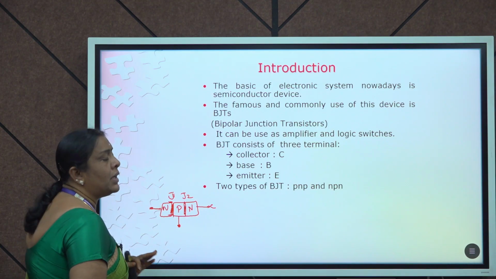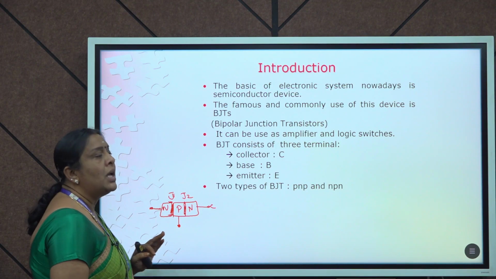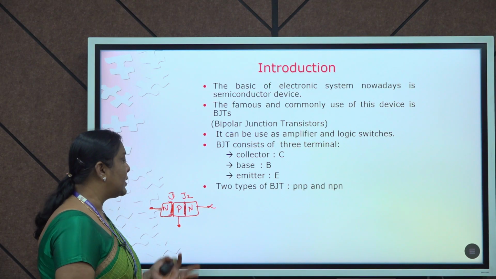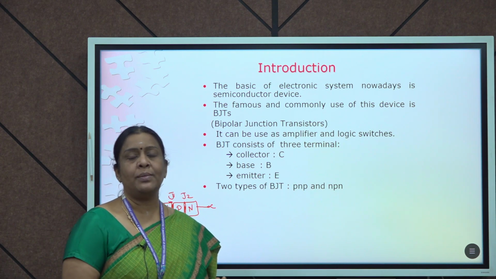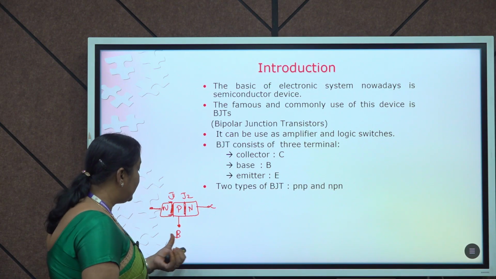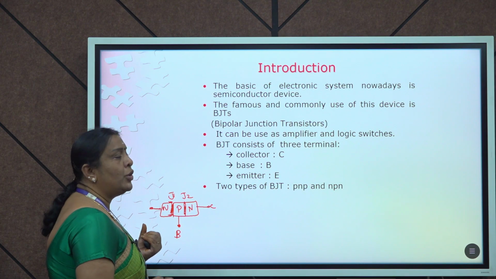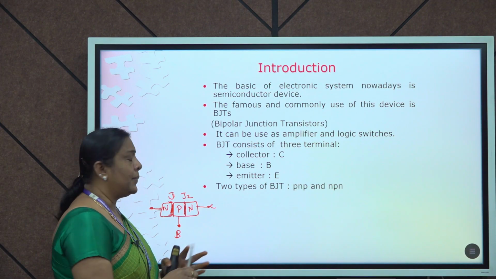First we can see what is meant by emitter. The emitter emits the majority carriers, and the collector collects the majority carriers from the emitter. The base is the path to transfer the electrons from emitter to collector.